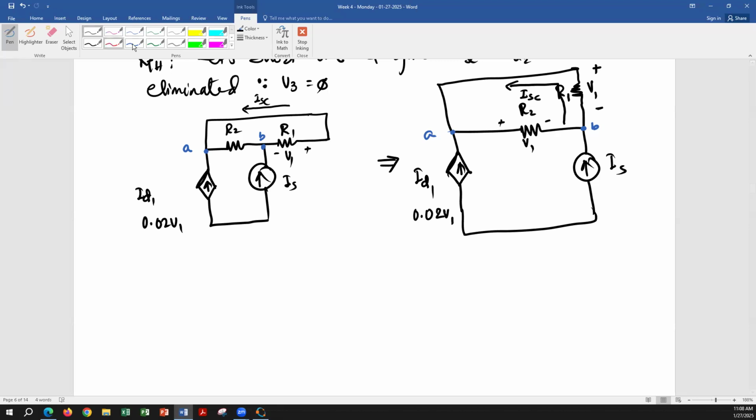Okay. ISC. Okay. IS going towards and I1 and ISC going away.